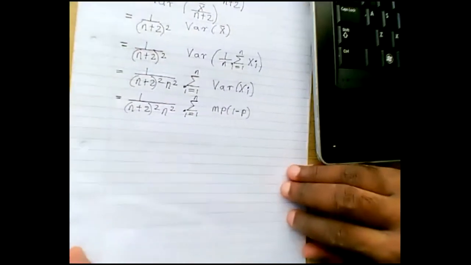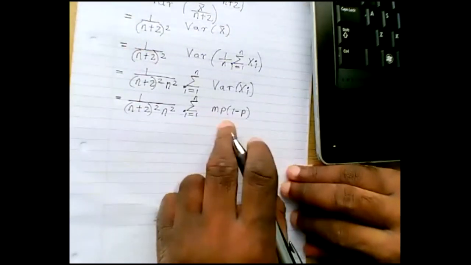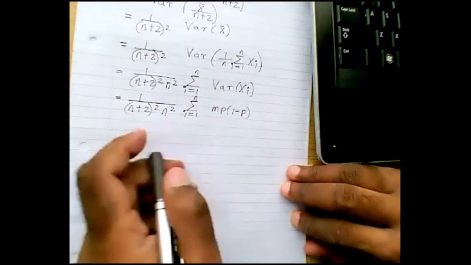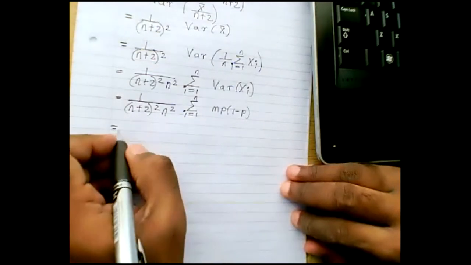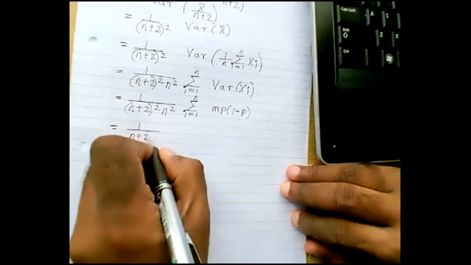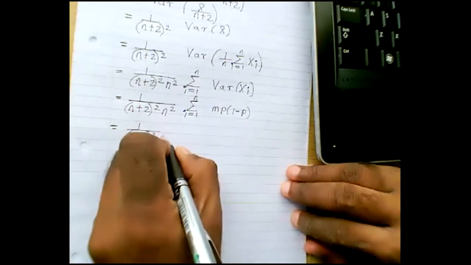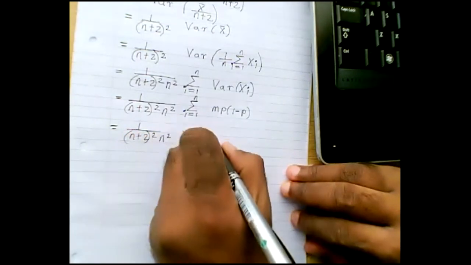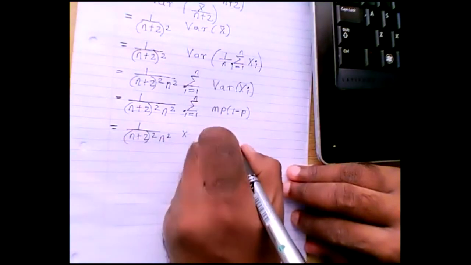Now, once again, this is a constant with respect to i. So the sum of a constant is n times the constant. So you get n times the constant.